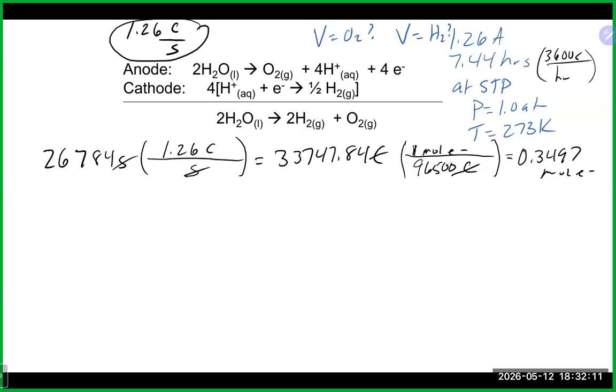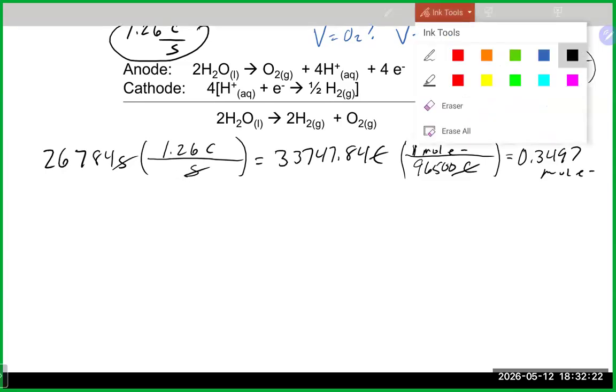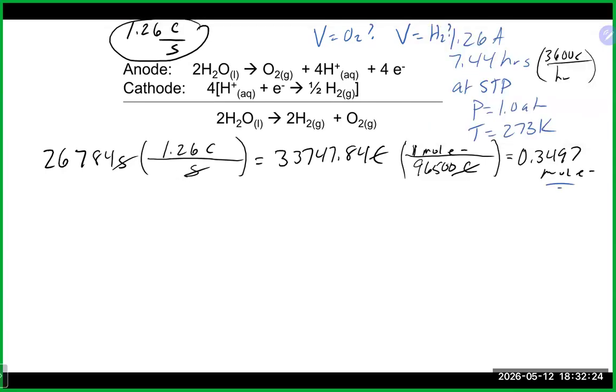All right, at this point we do want to get the moles. Since we're interested in both gases, we might as well get the moles of both gases up front, and we can do that now that we have the moles of electrons. Looking at our anode here, which is our oxygen, we look at the relationship between moles of oxygen and moles of electrons.